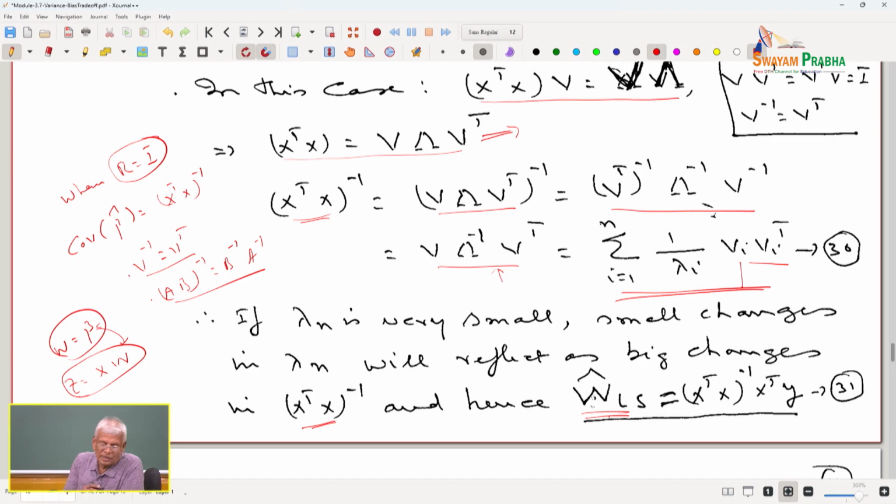Now, please understand, originally I used the parameters to be X. I could have used the parameters to be beta, or I could have used W. The row smells the same by whatever name you call it. So, except for some slight changes in notation, everything that we have talked about continues. So, the least square estimate is given by X transpose X inverse X transpose y, which is equation 31.